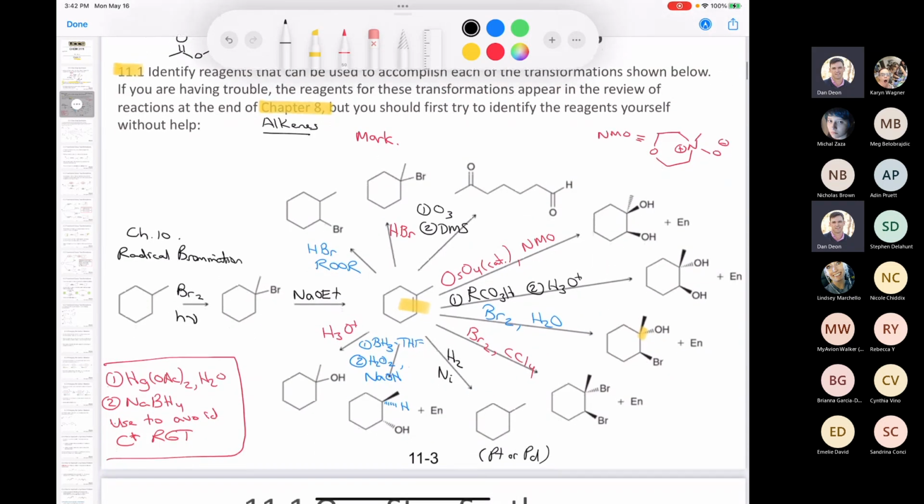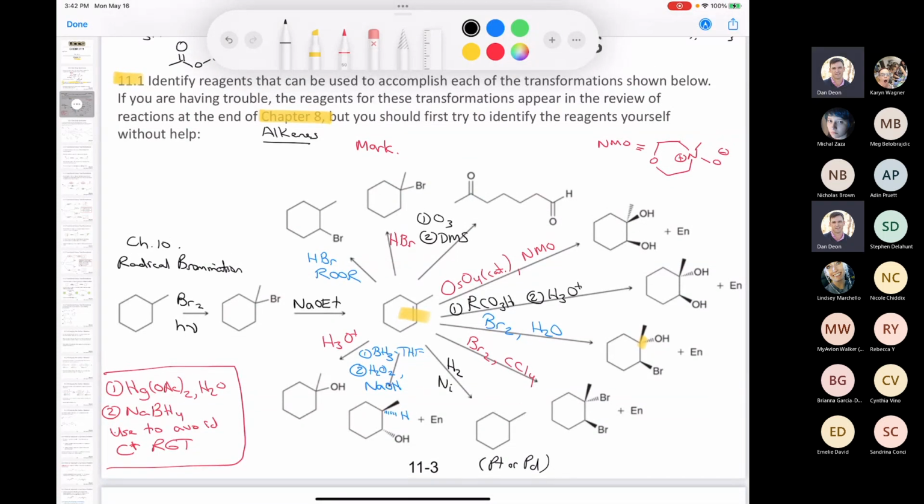And yeah, that pretty much covers all the reactions that we learned in chapter 8. Remember that our book goes over a few different ways to do this. They teach you sodium thiosulfate and sodium bisulfite with osmium tetroxide. And what else?